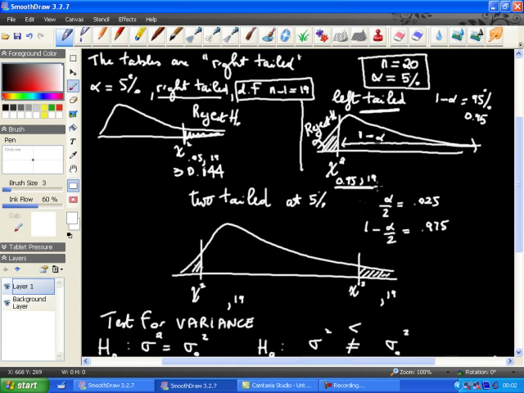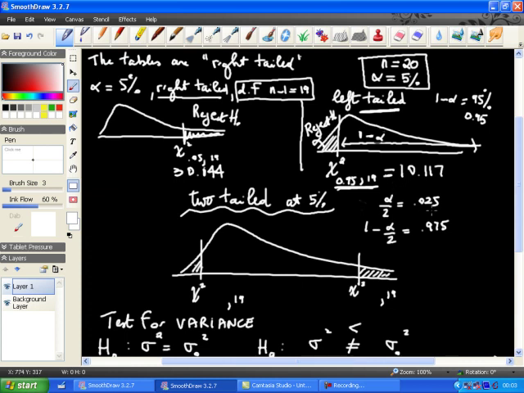This column appears symmetrical to the other column. So the 0.95 is the fourth column from the left, and the 0.05 is the fourth column from the right. So we look symmetrically, and we find a critical value of 10.117.